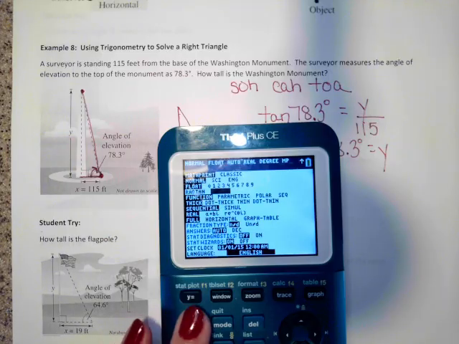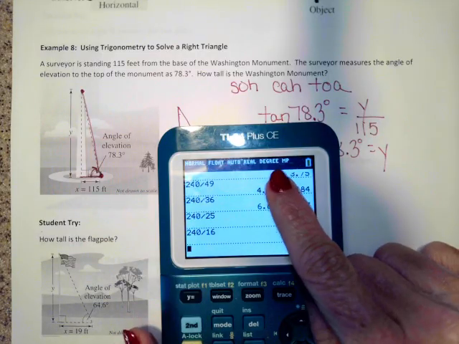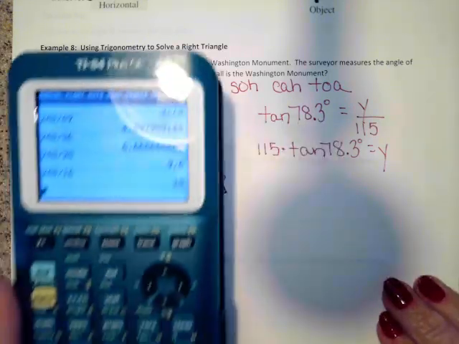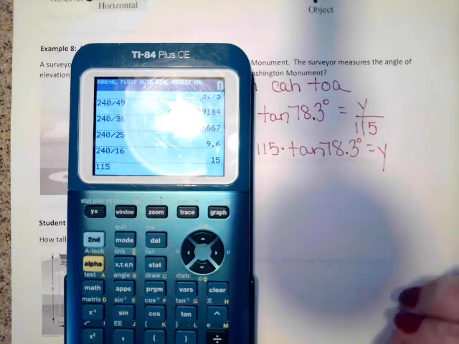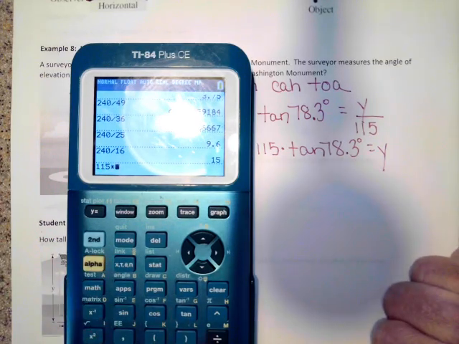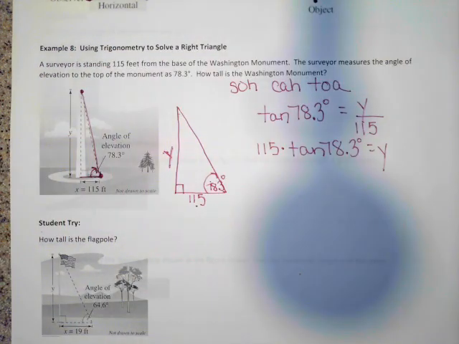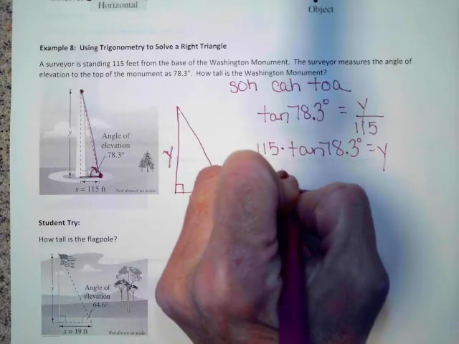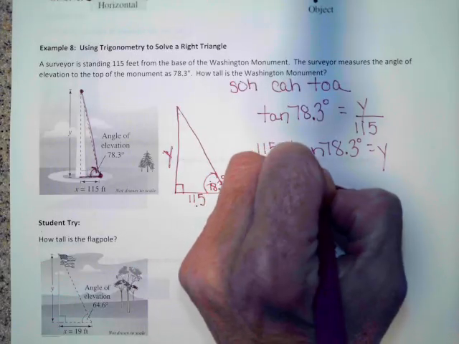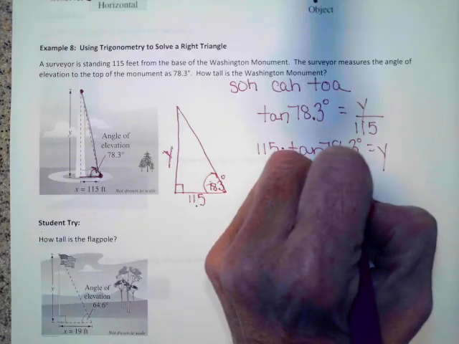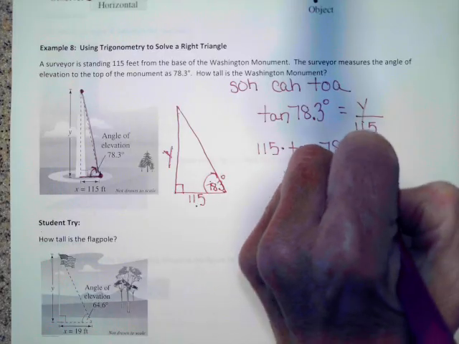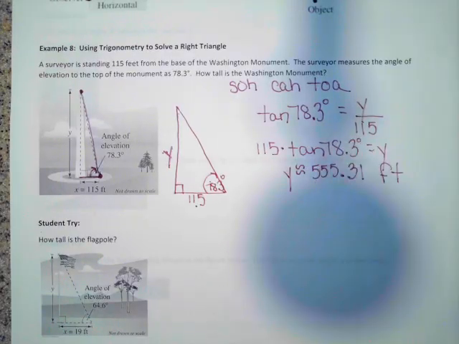We want it to be in degree mode. So make sure it says degree. So 115 times the tangent 78.3. Hit enter. Y is approximately 555.31 feet.